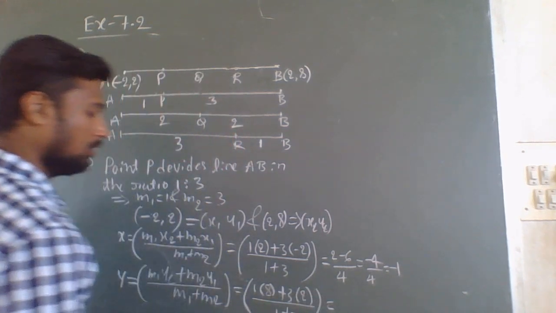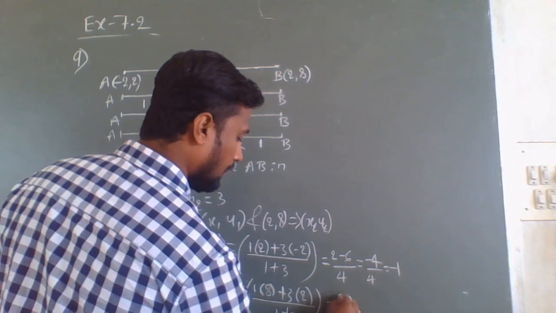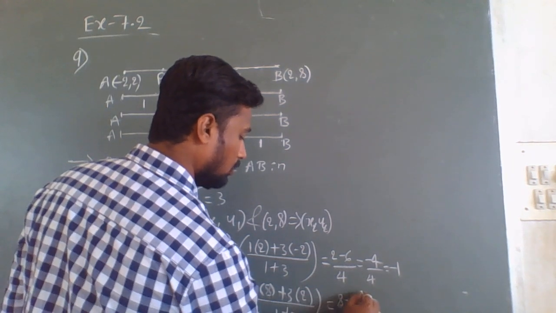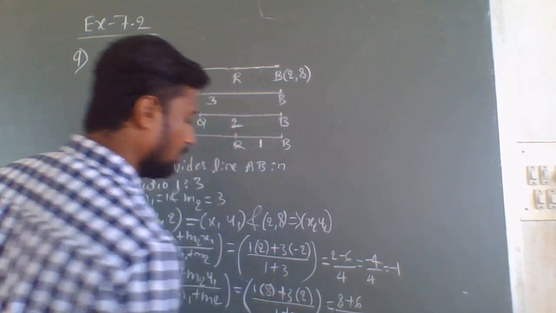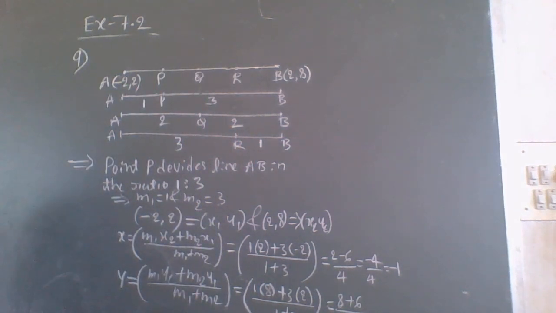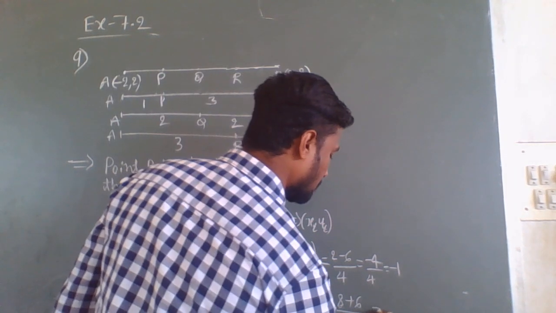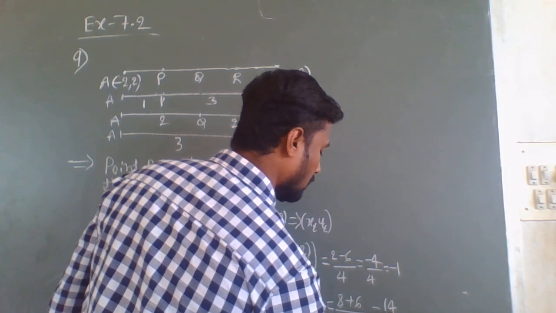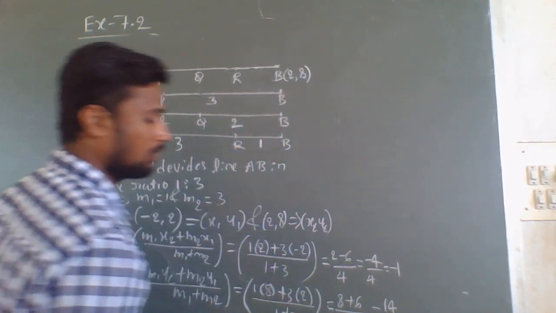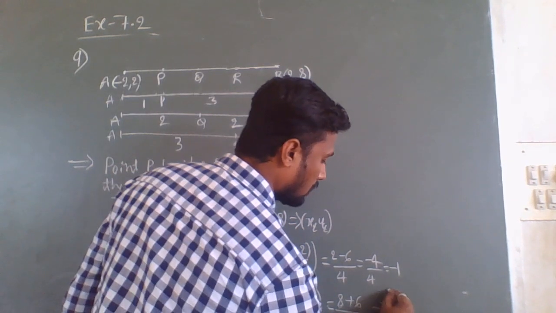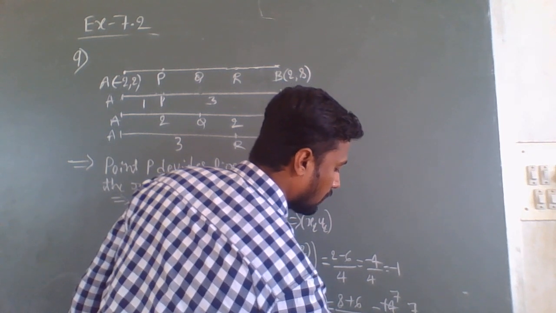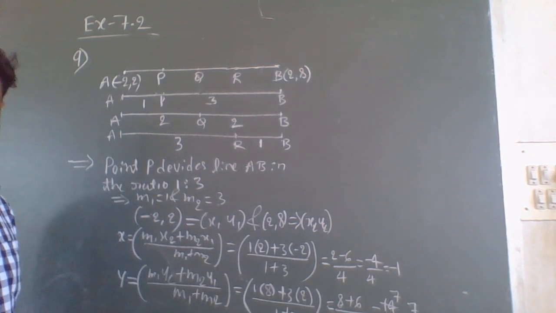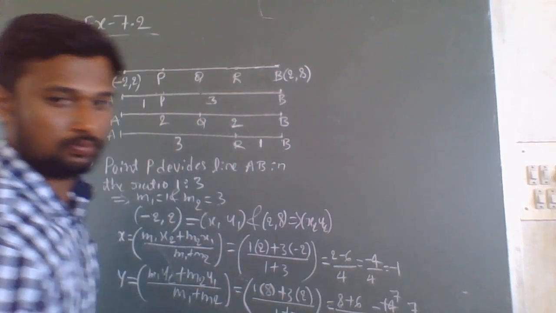This is equals to 1 into 8, 8 plus 3 into 2, 6 divided by 1 plus 3 means what we will get, 4. So now 8 plus 6 means what we will get, 14 divided by 4. So here 2 7s are 14 and 2 2s are 4. This is equals to 7 by 2.